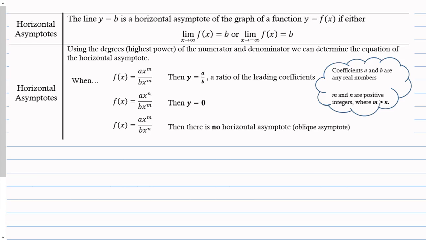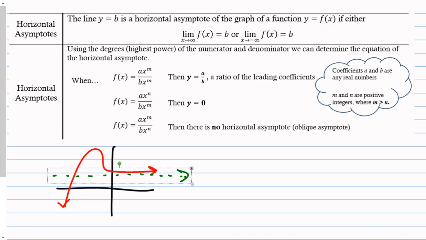All right, horizontal asymptotes. I'm going to sketch something real quick. Right, here's my sketch. This function appears to have a horizontal asymptote right about here. Okay, maybe if my line were better. Let me redo that. Oh boy. Right about there. That's a little better.